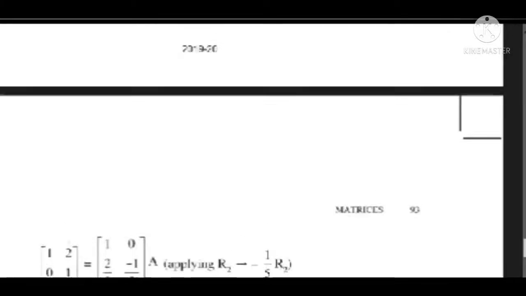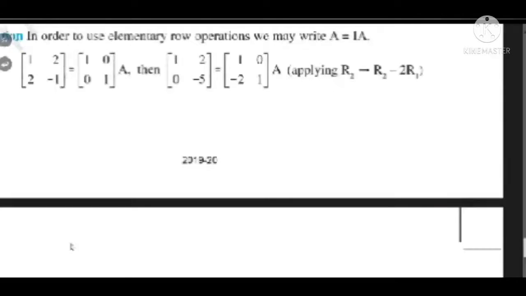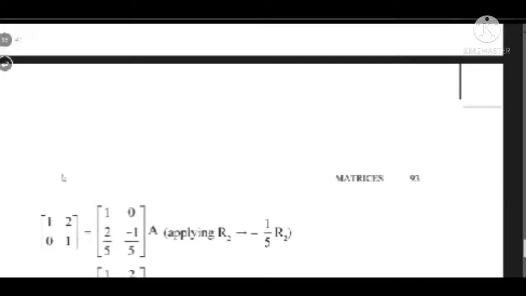That means in the second row we are multiplying by minus 1 by 5. If you multiply 0 by this number, you again get 0 only. In the main matrix it is given minus 5; if you multiply by minus 1 by 5, you will get 1.